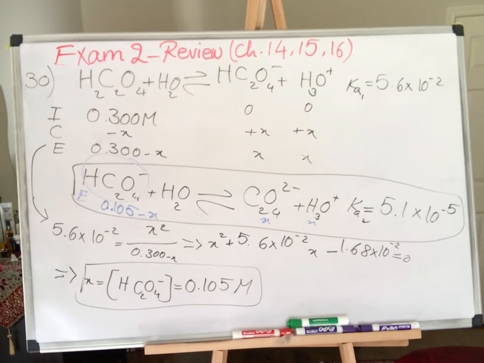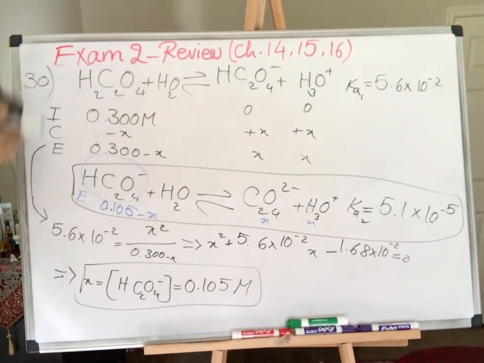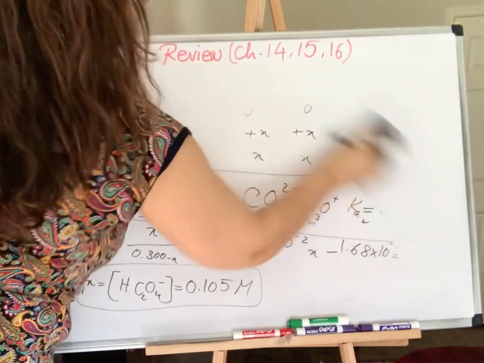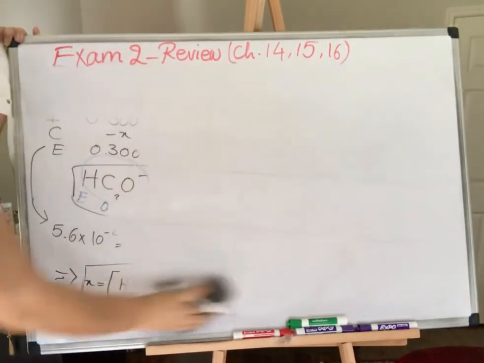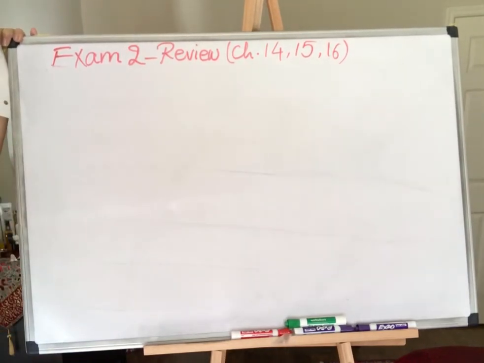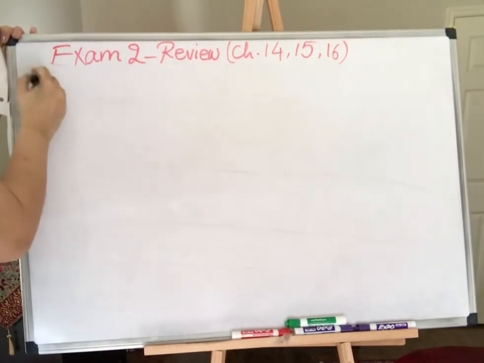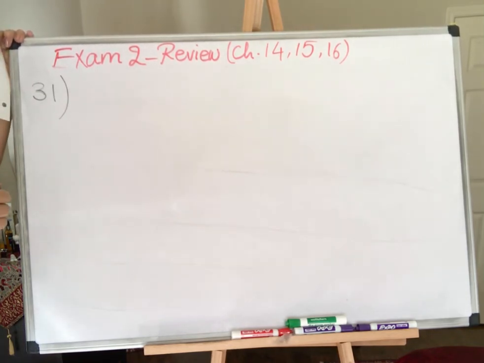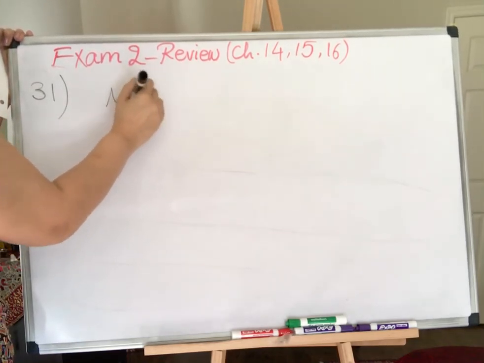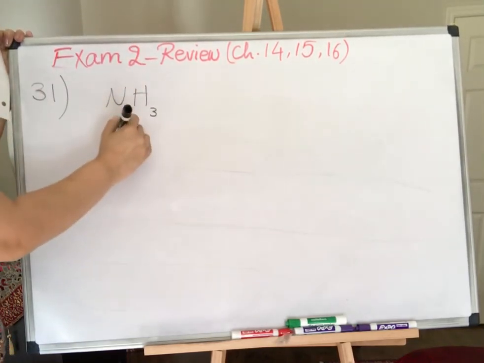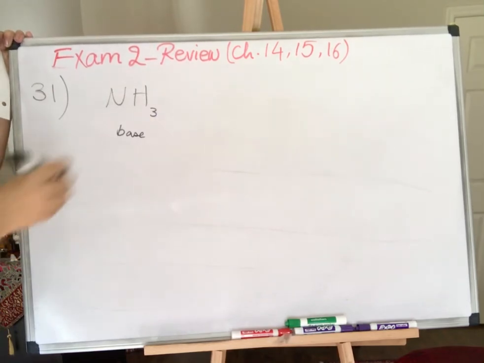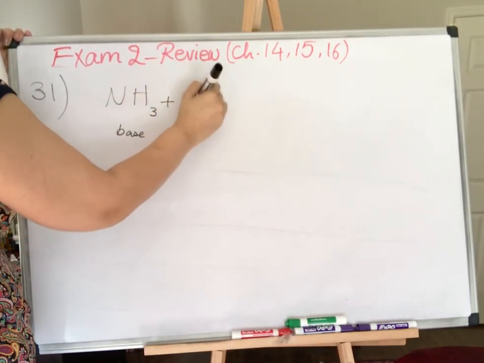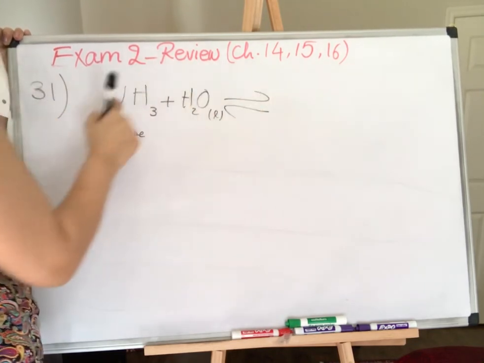Question number 31 is asking what is the base ionization equilibrium constant for an aqueous solution of ammonia. An aqueous solution of ammonia means it's base ionization, so this is going to act as base plus water. This is the base, right?